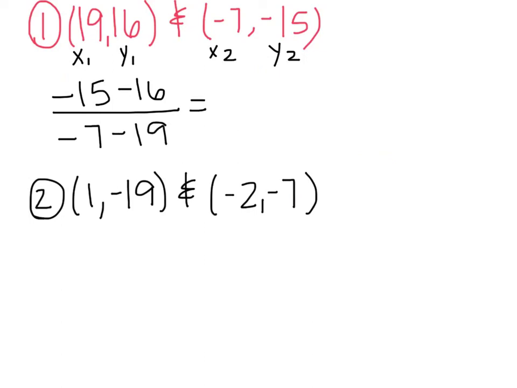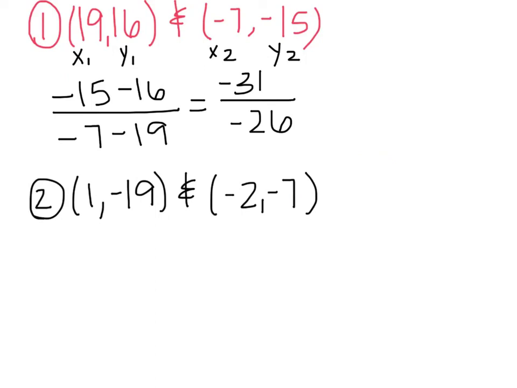So negative 15 minus 16 is going to give you negative 31. Remember those integer rules, change opposite, so you're actually adding negative 15 and adding negative 16. And then you have negative 7 minus 19. Again, change opposite, negative 7 plus negative 19 is negative 26.